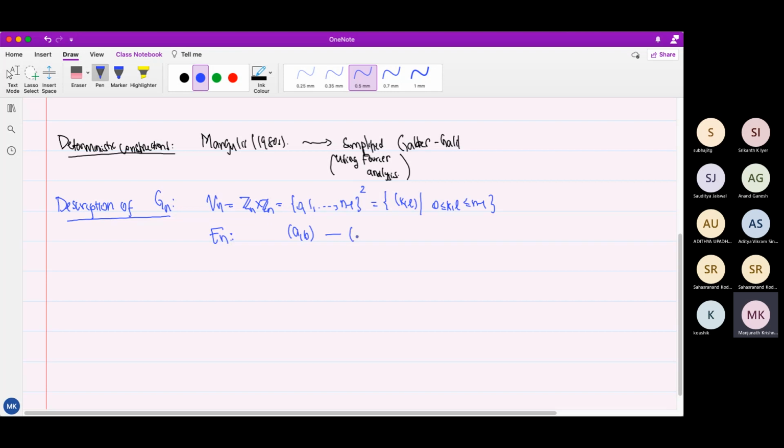It will be (a plus minus 1, b). That means two edges. All operations here, additions, are modulo n. So when I say a plus minus 1, it's modulo n. So (a plus minus 1, b) is two edges. Then also (a, b plus minus 1), that is another two edges.